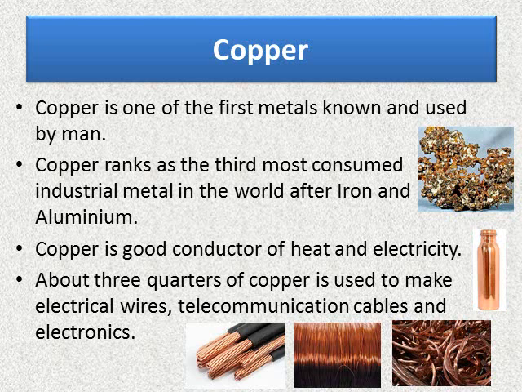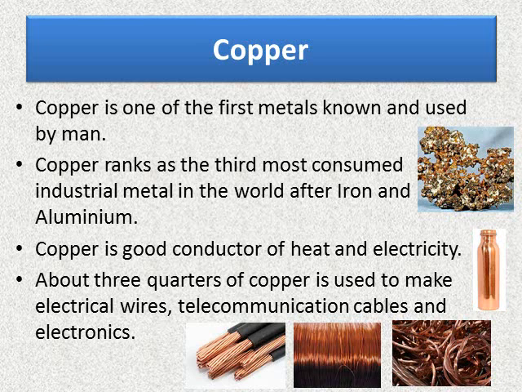About 3/4 of copper is used to make electrical wires, telecommunication cables and electronics. You can see in the picture the ore of copper and the various wires that are made of copper.